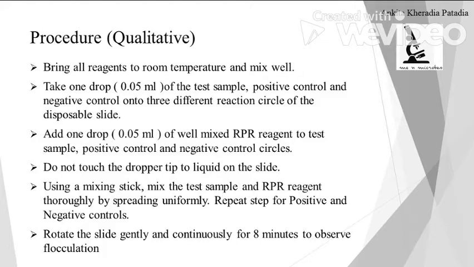Now you can mix the sample with the antigen using a disposable mixing stick. You have to use a different mixing stick for each circle or each mixture. After mixing, rotate the card thoroughly for up to 8 minutes to observe the flocculation, rotating it in between the palms.